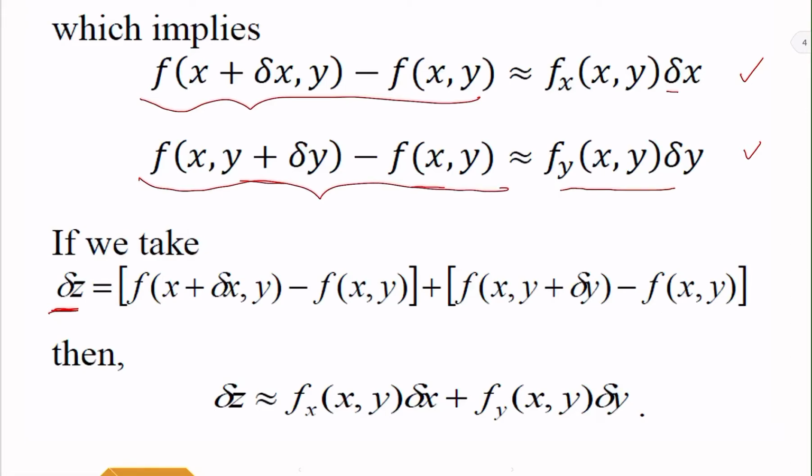Then delta z in short is fx(x, y) delta x plus fy delta y. That is the increment for z.